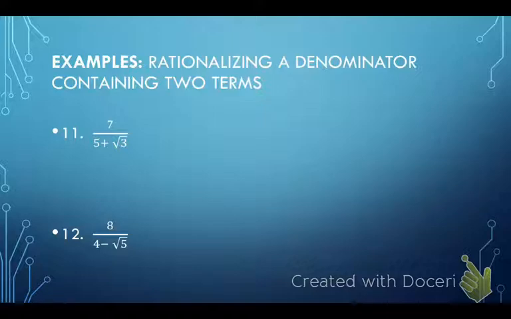So whatever this is down here, it's going to match, except instead of 5 plus the square root of 3, it's going to be 5 minus the square root of 3. And then it's going to be the same thing on top.